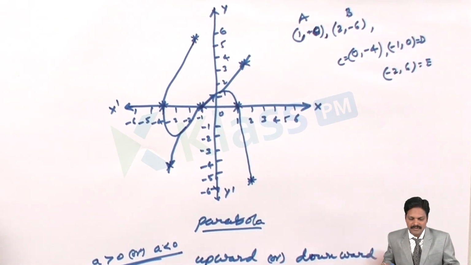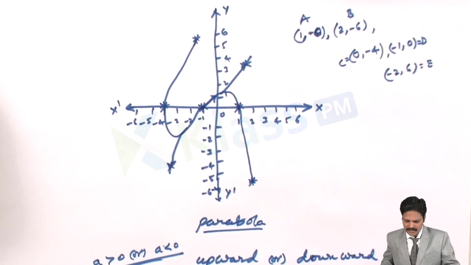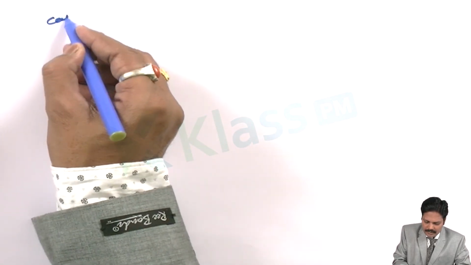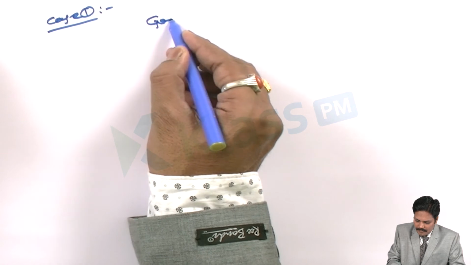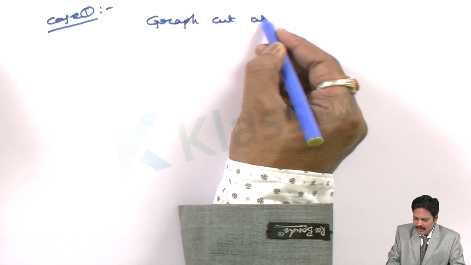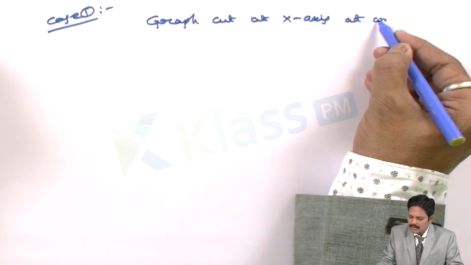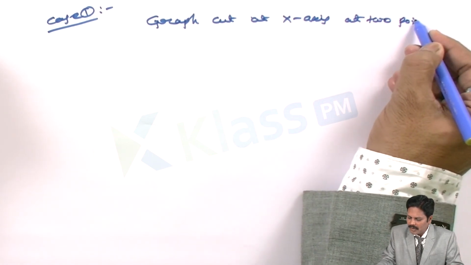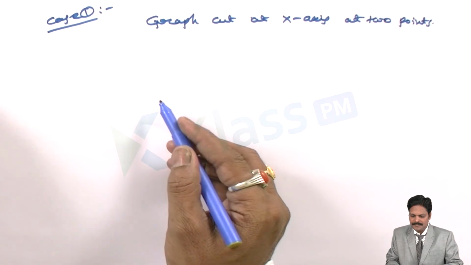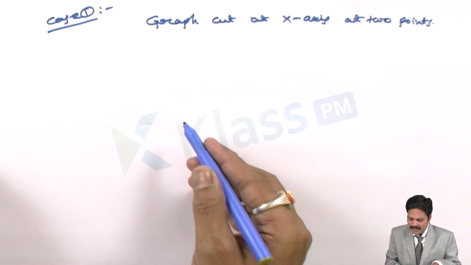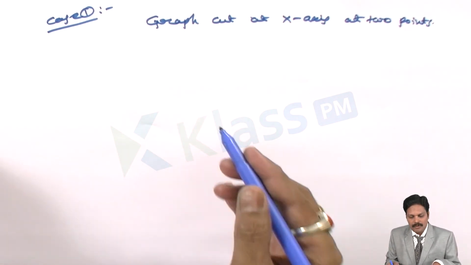And how can we determine whether the parabola will intersect the x-axis or not? Let us consider the cases. Here I am taking case 1: the graph cuts the x-axis at 2 distinct points. The parabola will be upwards or downwards.